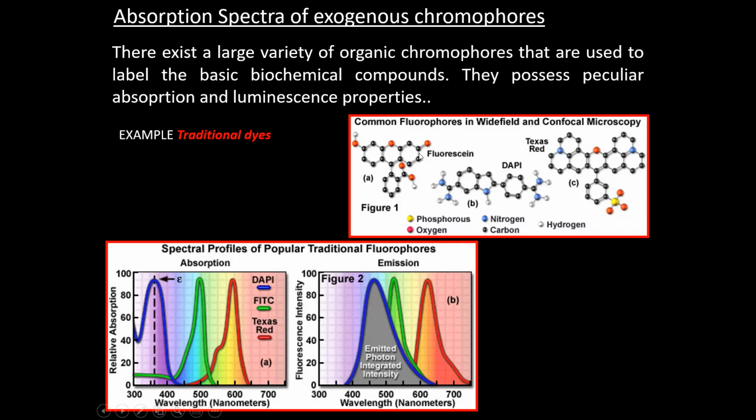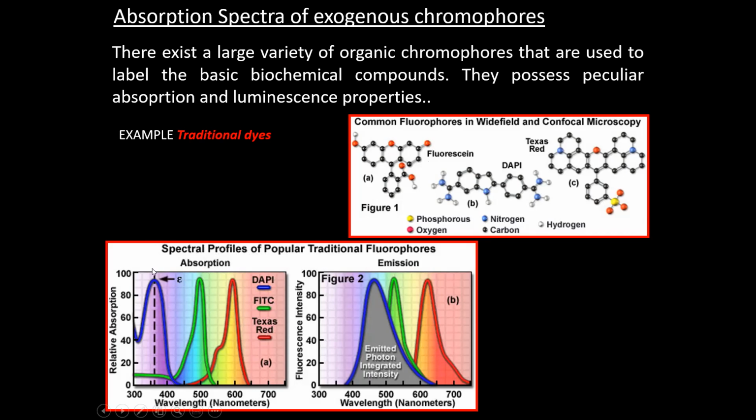And you see that they have a certain structure. There are some atoms involved in the structure of the molecules. And here you get the typical absorption band of these three different molecules. And you will understand, when we discuss fluorescence microscopy, that the absorption bands of these three molecules are well separated from each other.